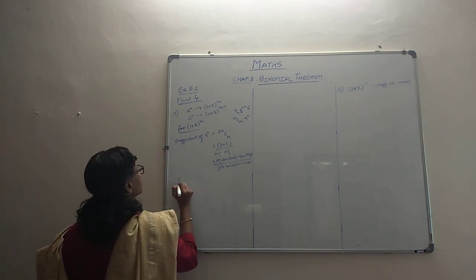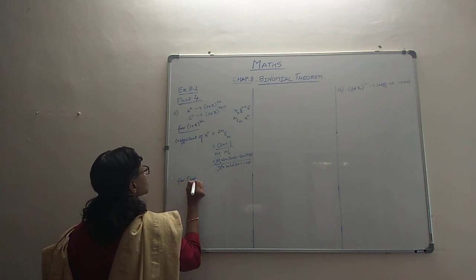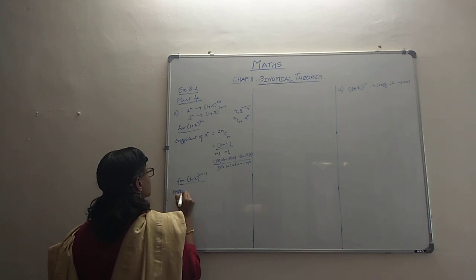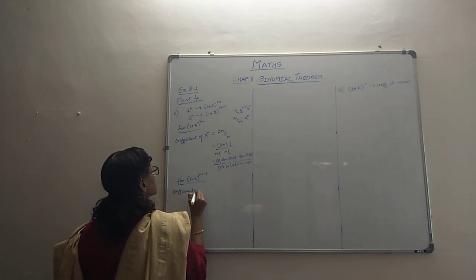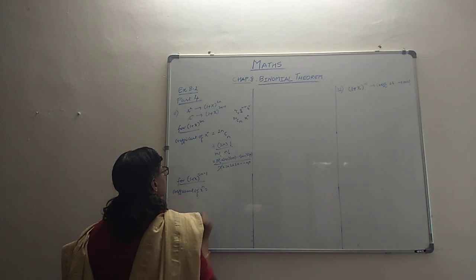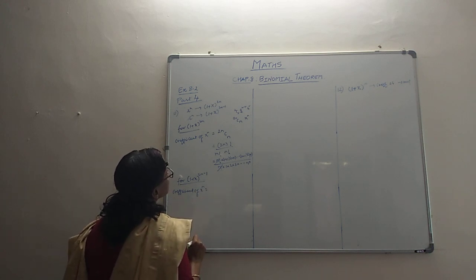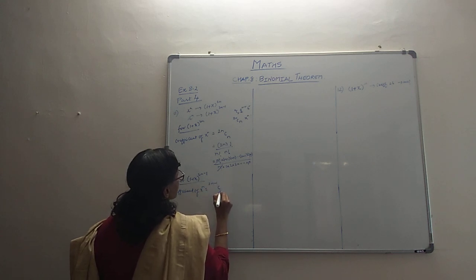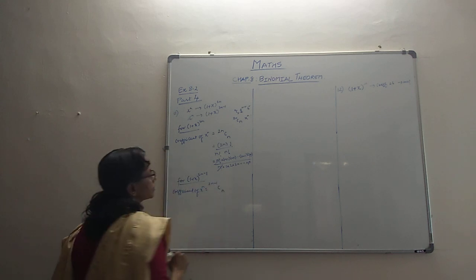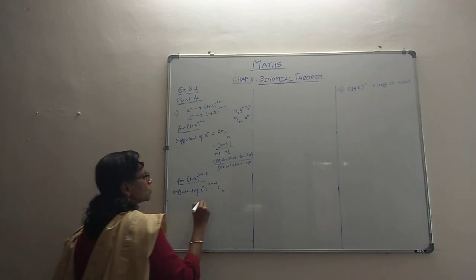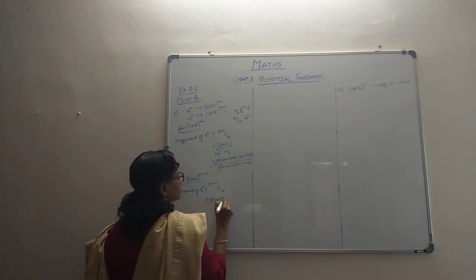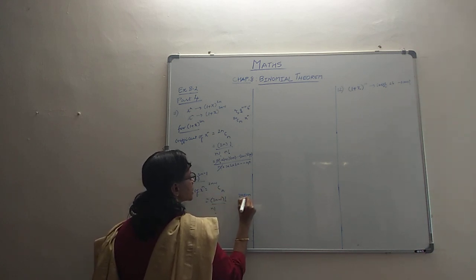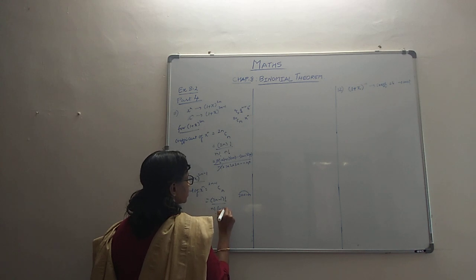Then we will look for the next, for (1 plus x) raised to 2n minus 1. We will look out for the coefficient of x raised to n. It will come to the same, 2n minus 1 C n. So when we work this out, how will it come? 2n minus 1 factorial by n factorial into the difference, 2n minus 1 minus n, so that is n minus 1 factorial.